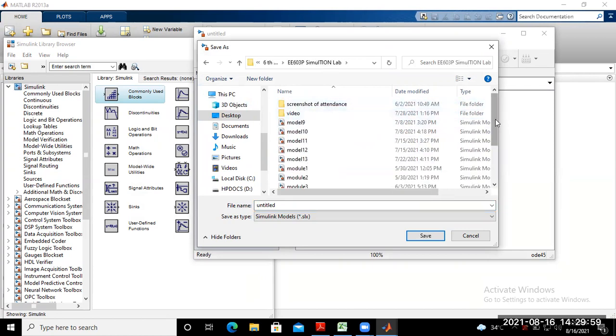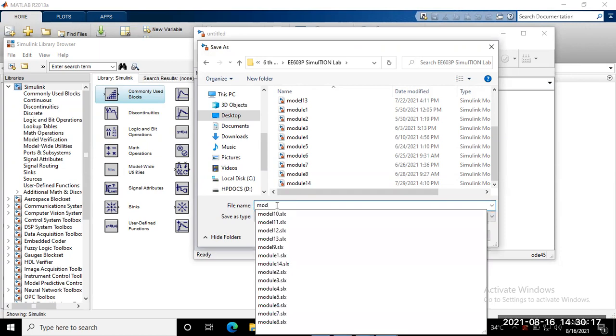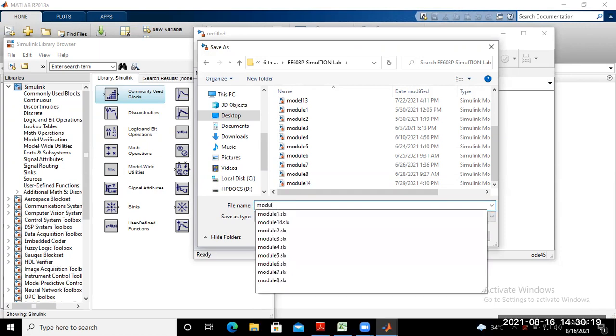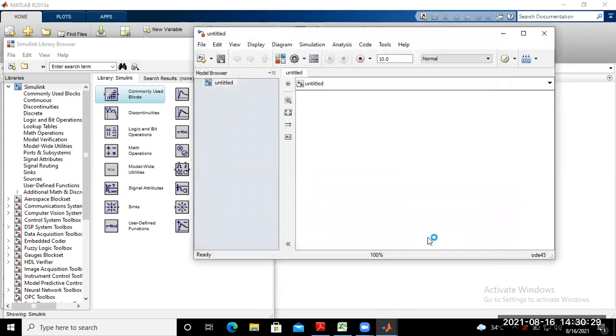We already created some models here. So this untitled workspace is saved as model number 15.